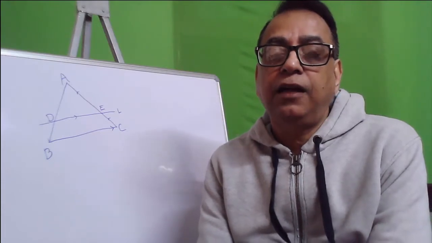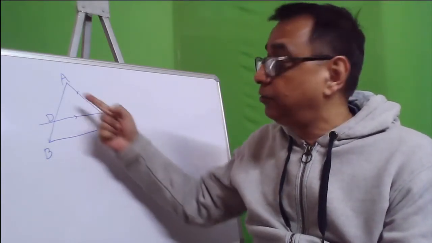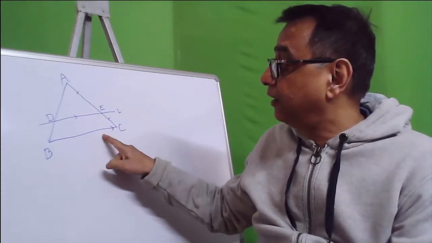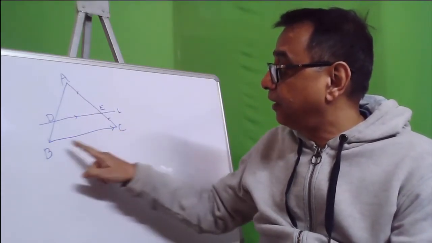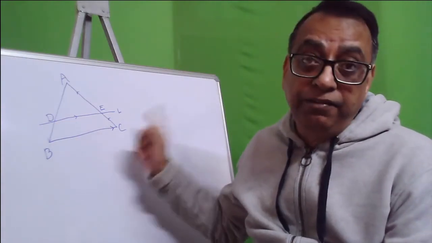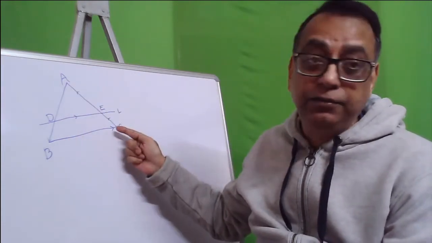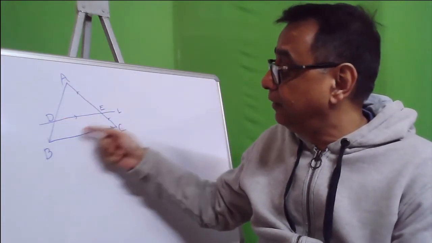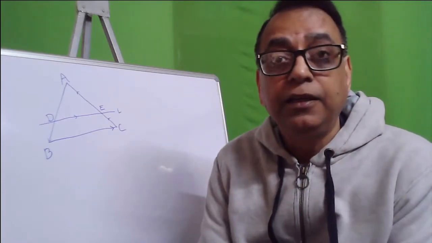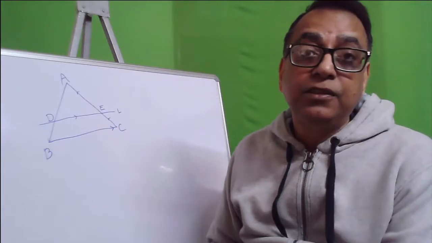It says that if a line is parallel to any side of a triangle, so ABC is a triangle, BC is parallel to L, and if this parallel line intersects the other two sides, which it has intersected at D and E respectively, then it will divide the sides into the same ratio.